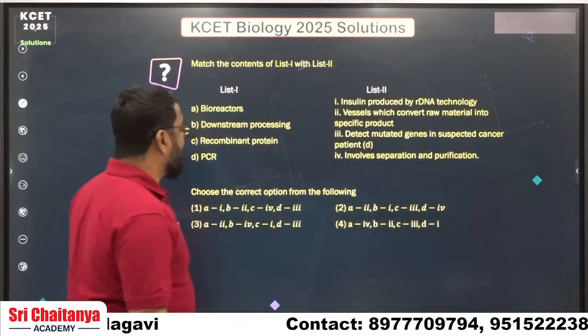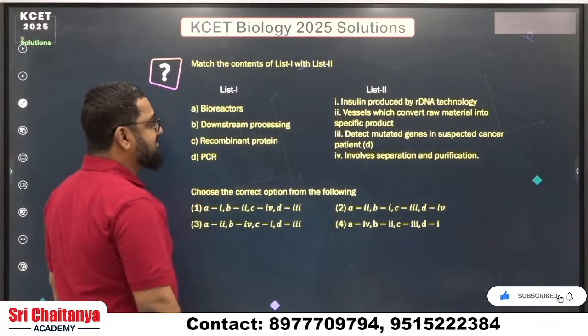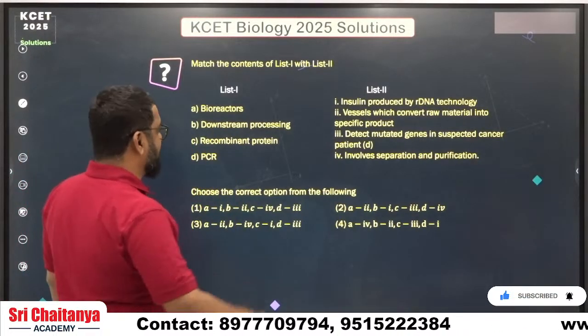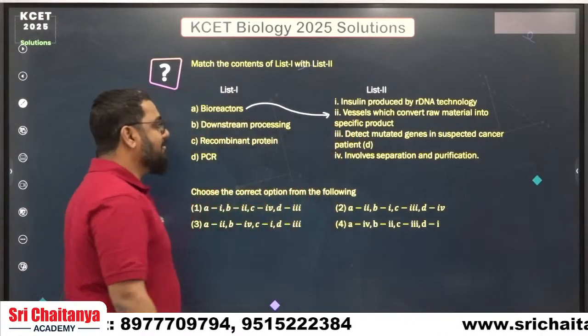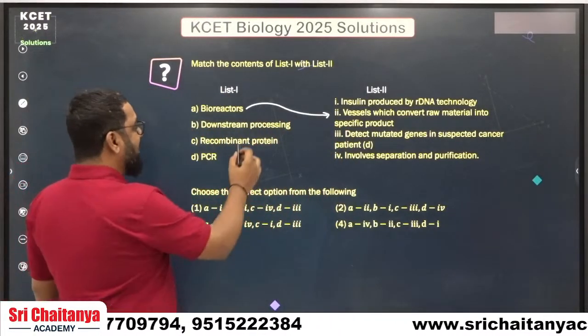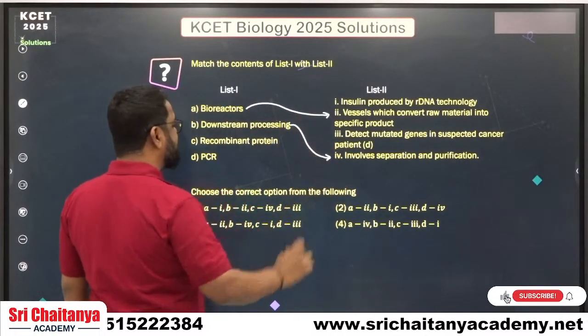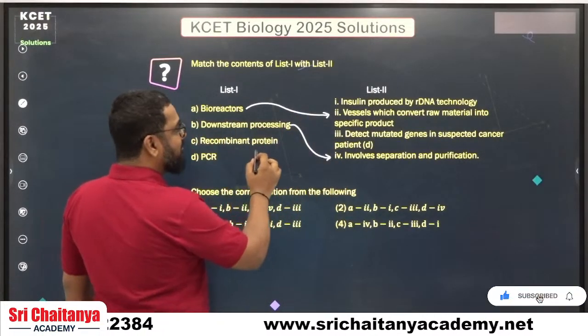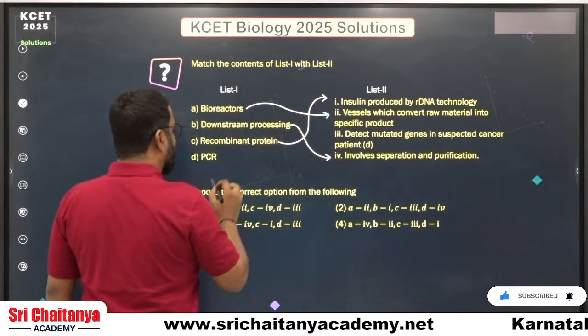Next, match the following. This is from applications of biotechnology. Bioreactors are basically the vessels used to convert raw materials into specific product. Downstream processing involves separation and purification, one of the last stages. Recombinant protein, you can think of insulin produced by rDNA technology.